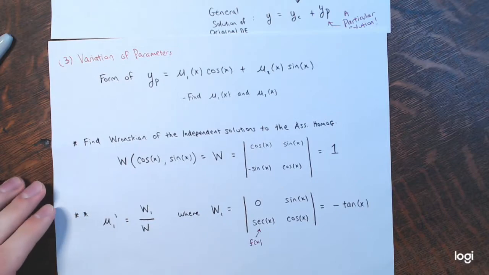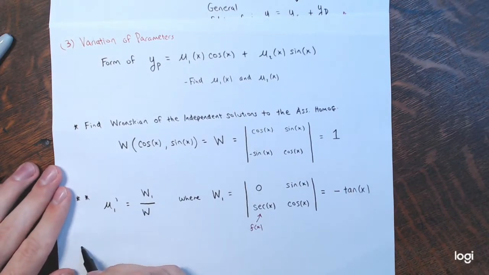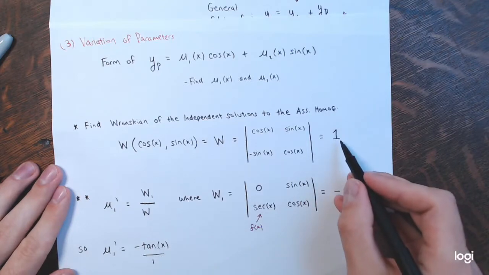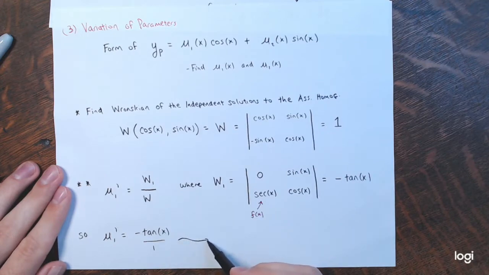Alright. So u1 prime is this w1, negative tangent x, divided by w, which is just 1, right, the original Wronskian. Then we integrate.